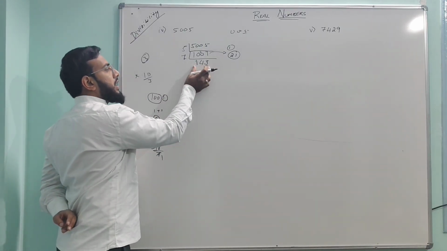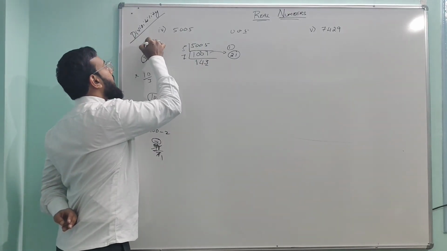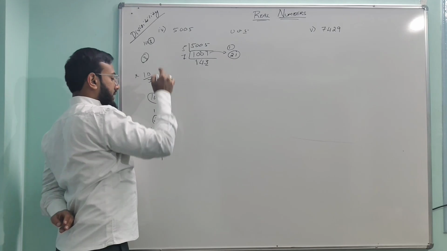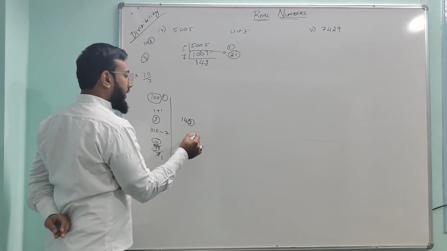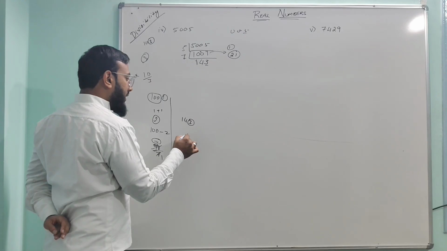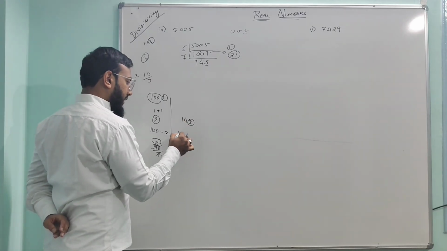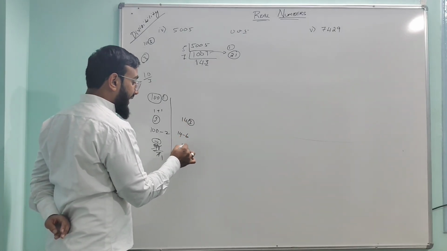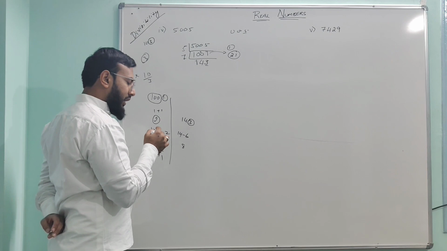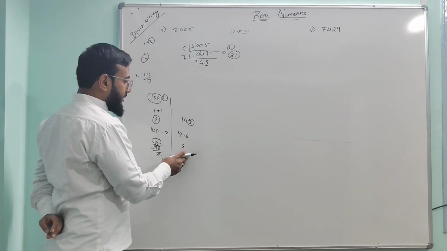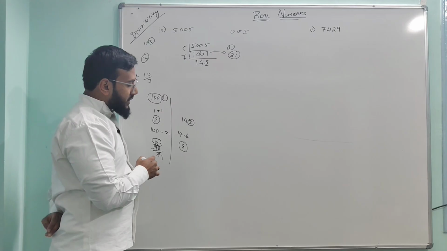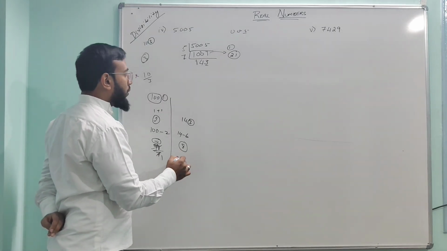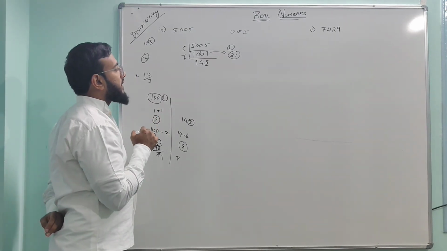Go ahead with 7. 143, double the last digit: 3 into 2, 6, correct? Subtract from 14. 14 minus 6 is 8. Is 8 divisible by 7? No. So we can't go ahead with 7.